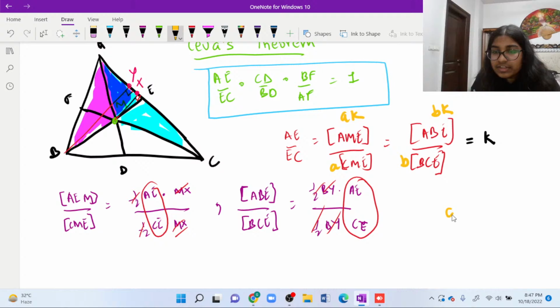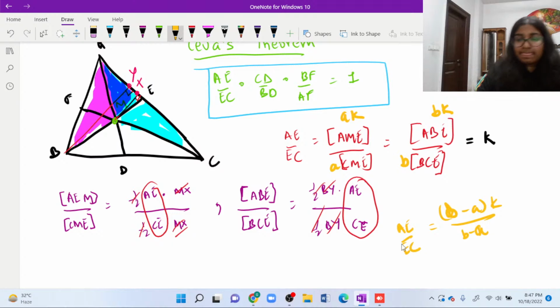So we also know that B minus A times K upon B minus A is also equal to AE by EC.